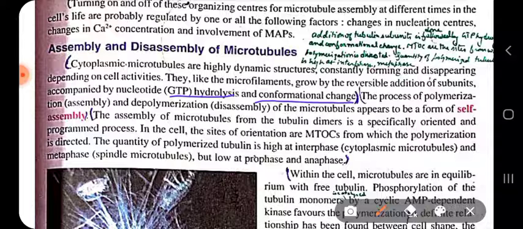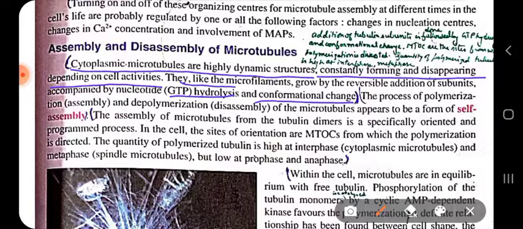It says here that cytoplasmic microtubules are highly dynamic structures. They are always changing, constantly forming and disappearing depending on the cell activities. Depending on what type of activity the cell is performing, the microtubules are constantly changing in their structure.